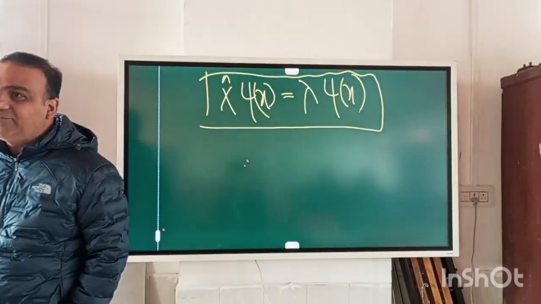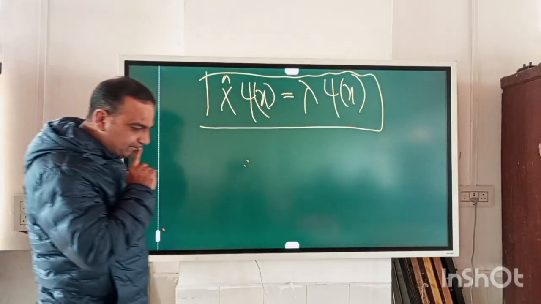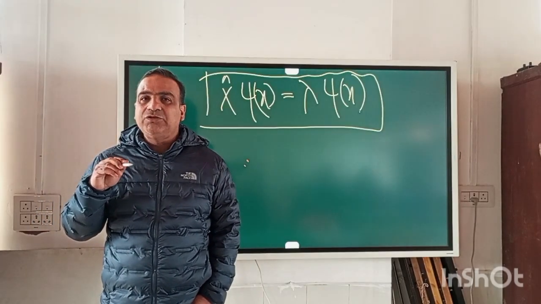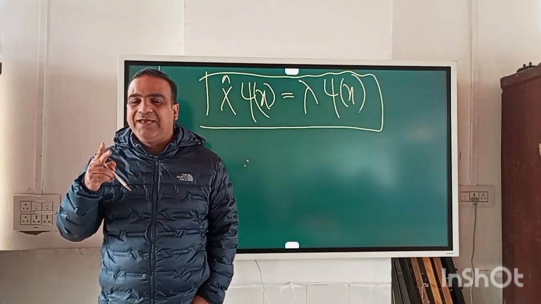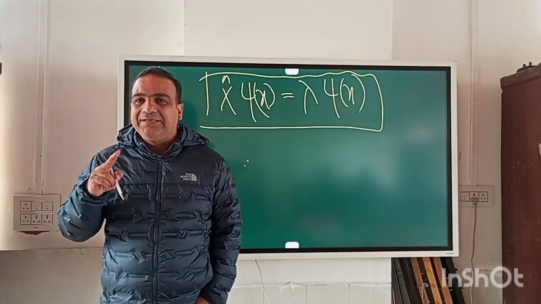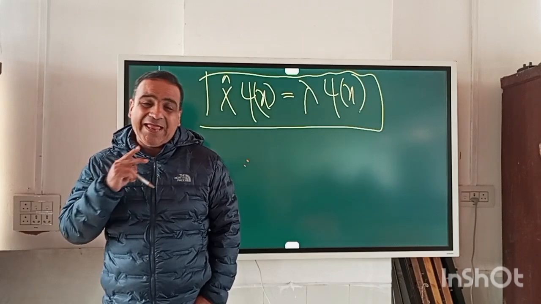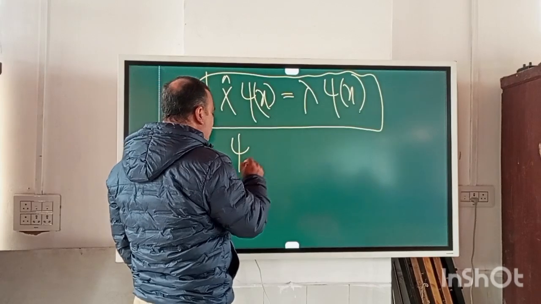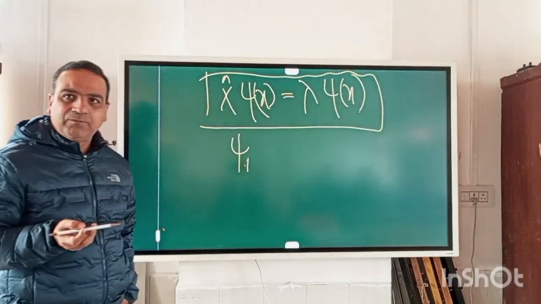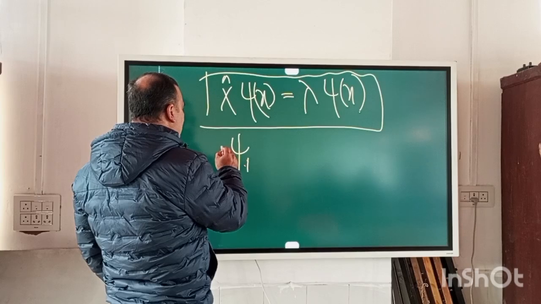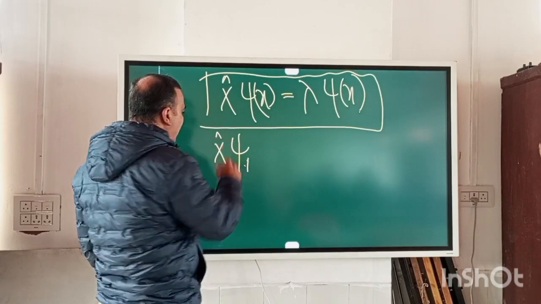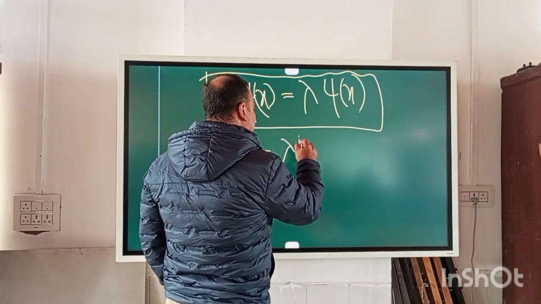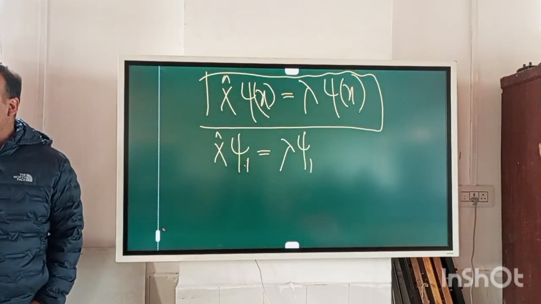How will I do that? I will choose psi 1 of x. I will choose two energy eigenvalue equations, and then I will try to prove that this lambda has to be real. Do you have any idea how I can do it? So I will choose my psi 1 and use the operator on this psi 1, and I will get lambda psi 1. Any problem with it?